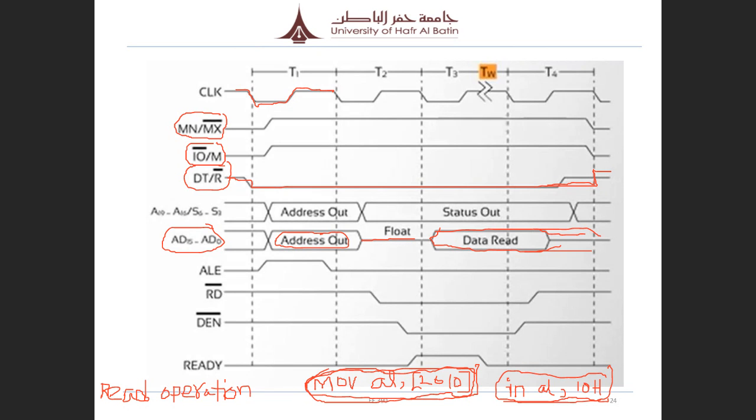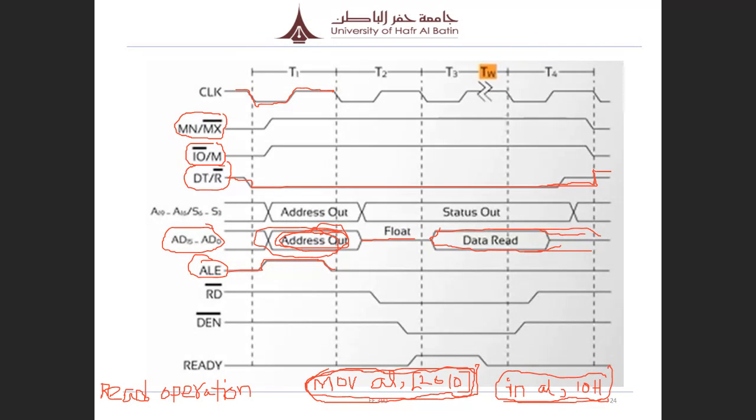So during the T1 time, it is used for address. That means during this time, address latch enable is high, so that address latches are active and the address information on the multiplexed address and data bus can move out towards the output of the latches.